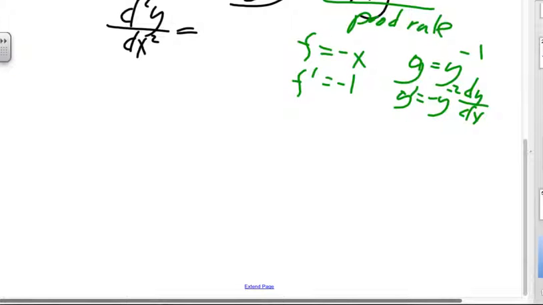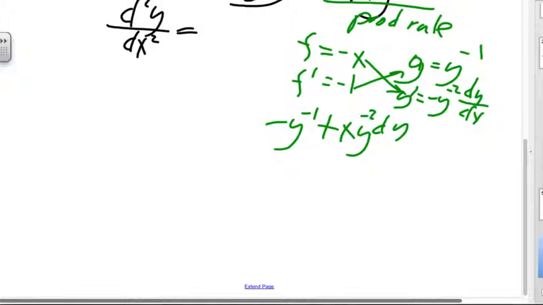So what I've got then is f prime g, so I'm going to have negative y to the negative 1 plus, I've got a negative times a negative, so that makes it a positive, x times y to the negative 2, dy/dx.